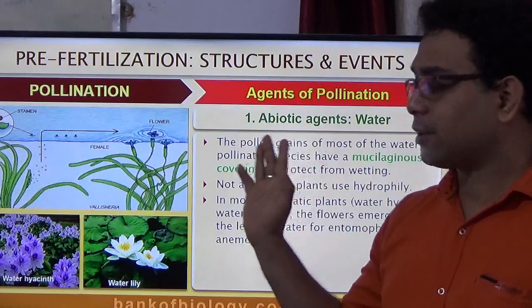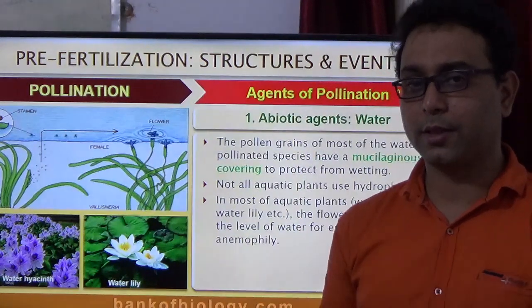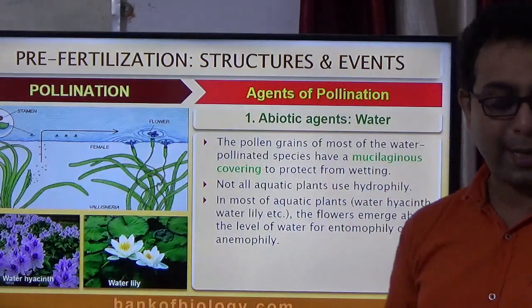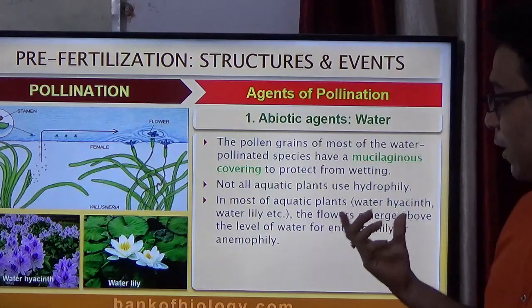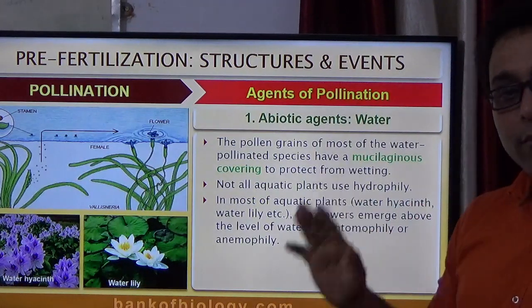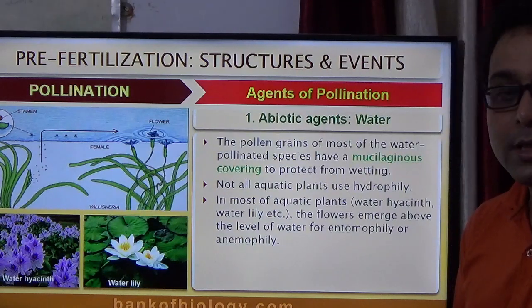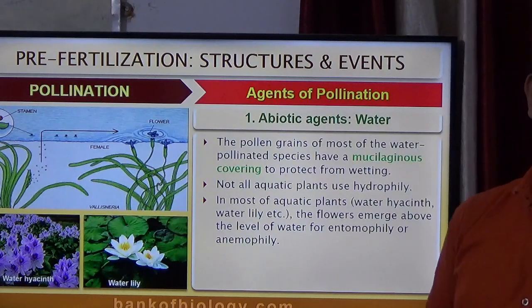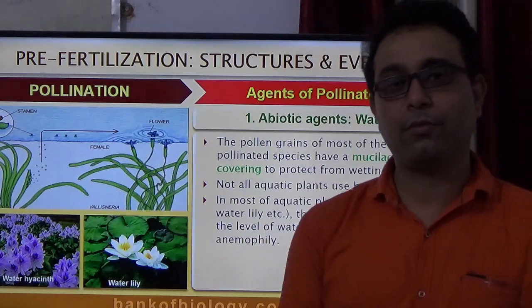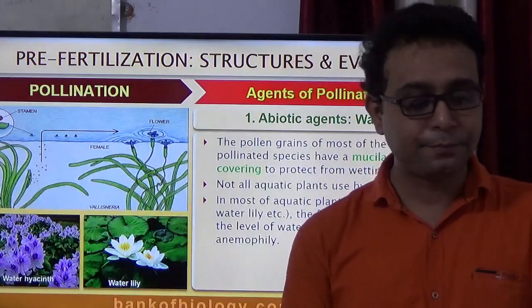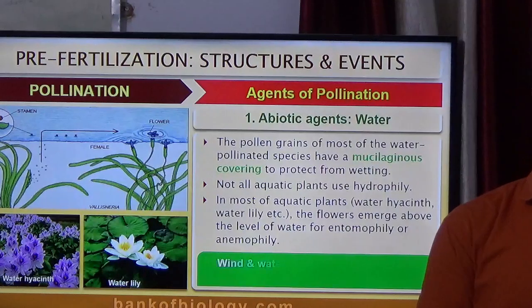Because for abiotic pollination in water, it is so limited. So plants like water hyacinth and water lily are aquatic plants, but their pollination happens with the help of entomophily or anemophily. Clearly understand that? Very easy concept.